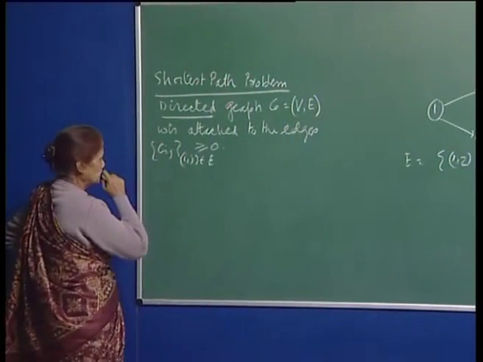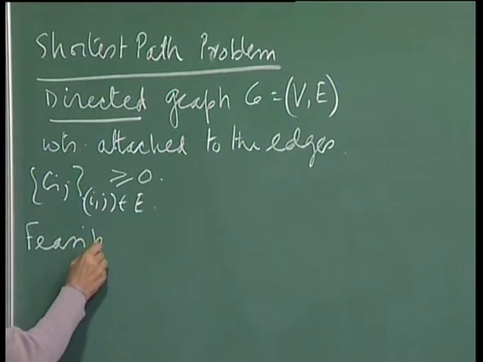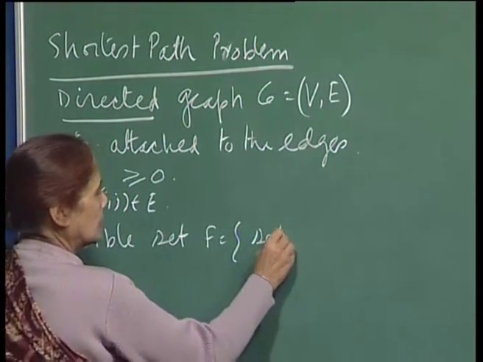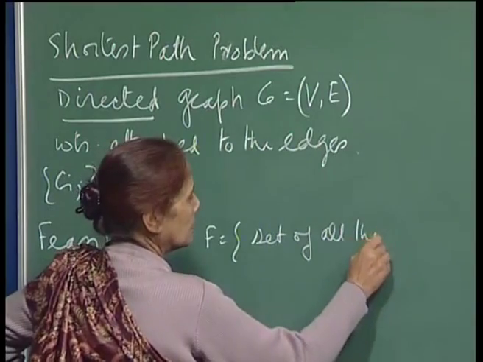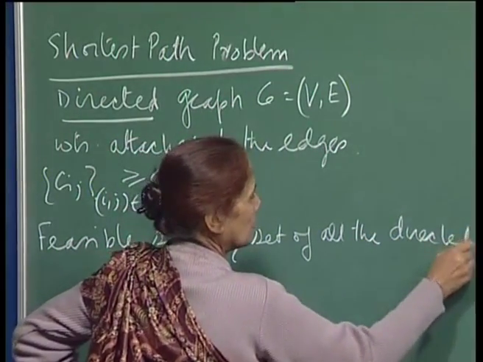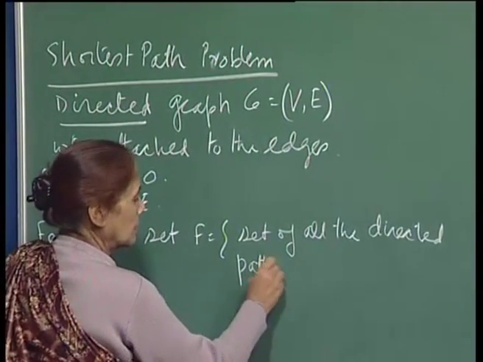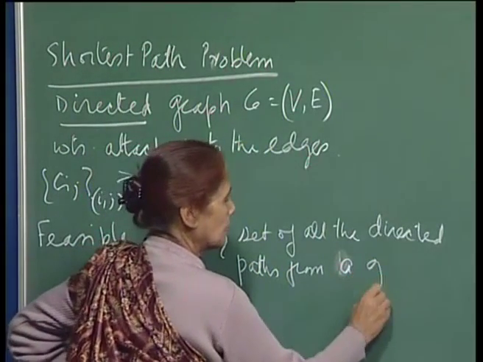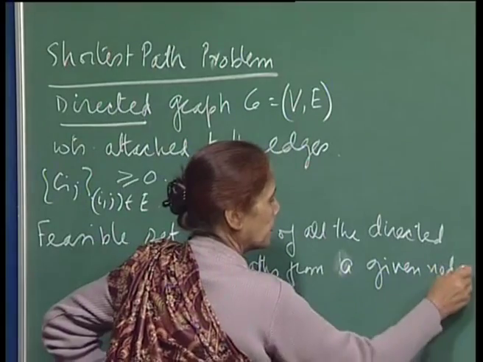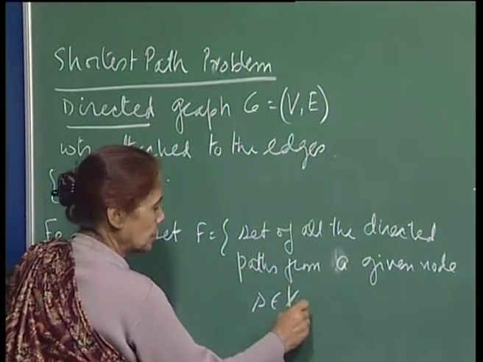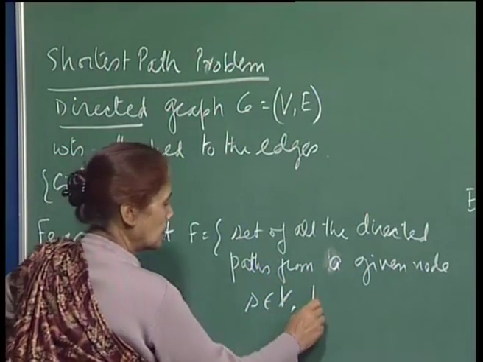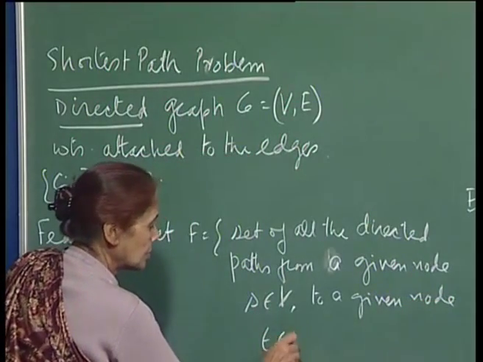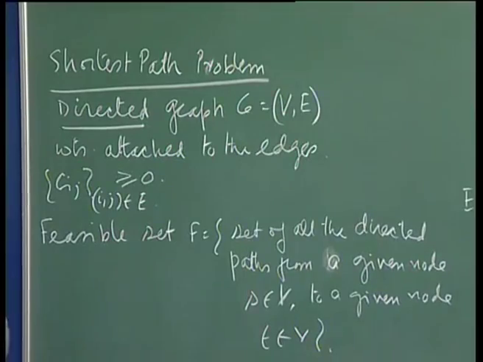Now, your feasible set F is the set of all the directed paths from a distinguished node, a given node S belonging to V, to a given node T also belonging to V. So, this is a feasible set, all directed paths.